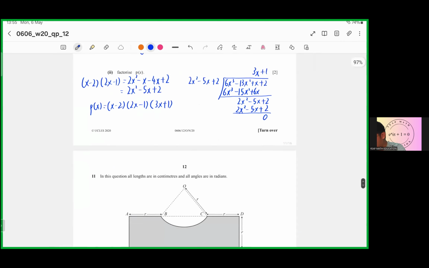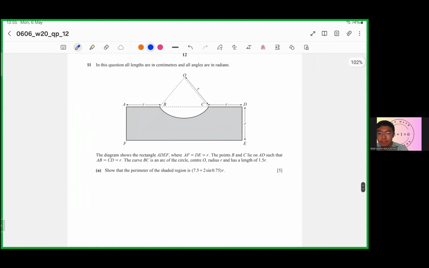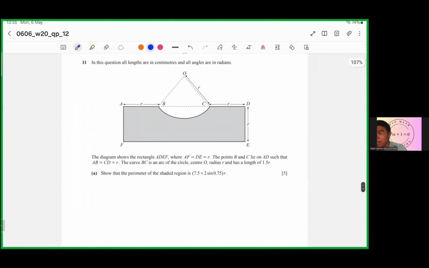Okay, now we can look at question 11. In this question, all the lengths are in centimeters and all the angles are in radians.